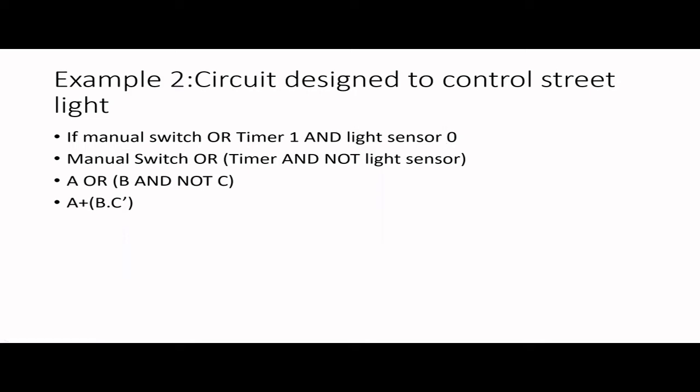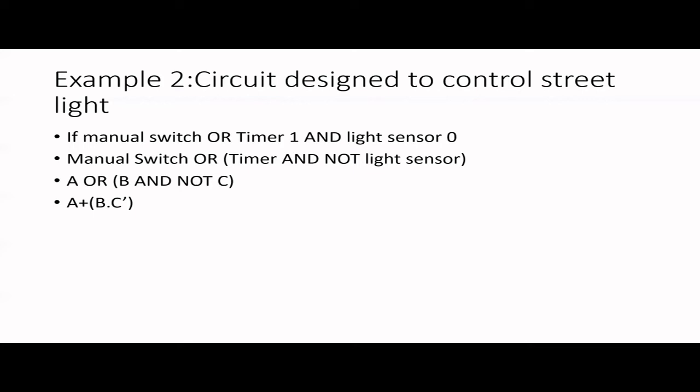That means your timer should be 1. Remember, the timer will become 1 when the time of the day is 6 p.m. to 6 a.m. It is only looking at the time of the day. So if the time is 6 p.m. to 6 a.m., then yes, the light will switch on, but there's another condition to be checked.